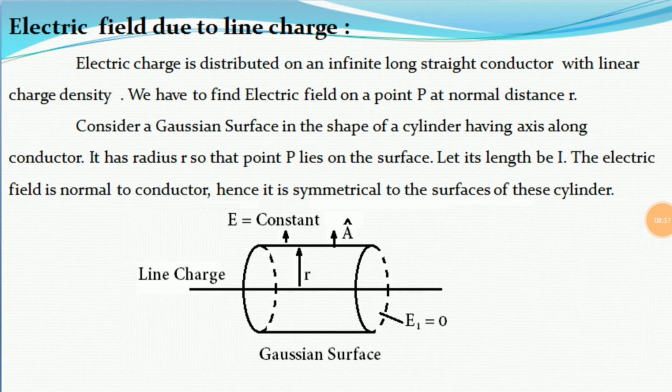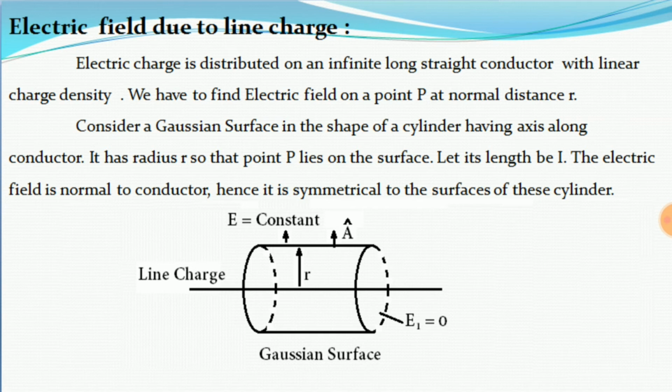Okay, so our next topic is electric field due to a line charge. Electric charge is distributed on an infinitely long straight conductor with linear charge density lambda. We have to find the electric field at a point P at normal distance r. So firstly, we have to consider a Gaussian surface in the shape of a cylinder having its axis along the conductor. It has radius r, so that P lies on the surface.